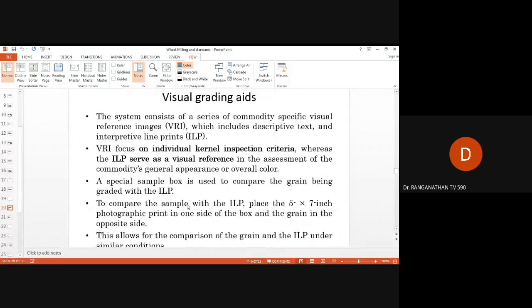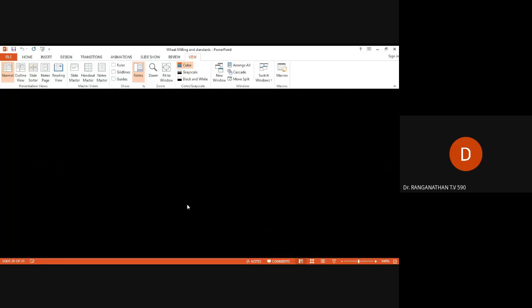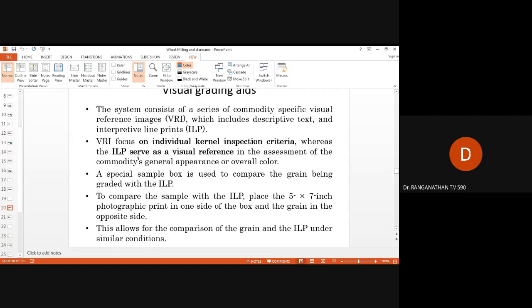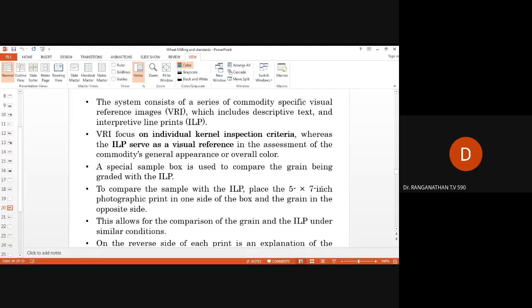Some of the visual grading aids are there. Visual grading aids will give an idea of how bright it is, how dark it is, etc. That is the visual grading. Okay. So this will give an idea of the quality of a particular variety of wheat. So what is done?